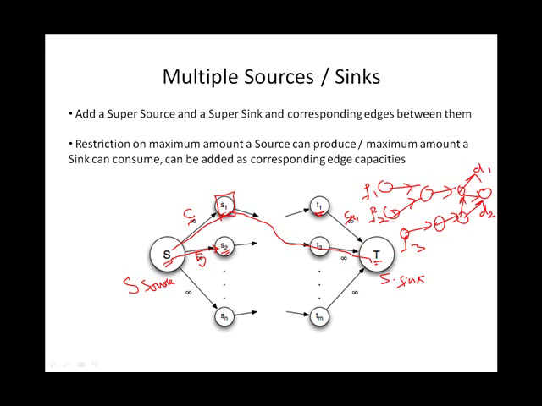So even if you have multiple sources and multiple sinks, and a restriction on the number of goods produced and consumed at each factory and distribution center, we can capture all these details by adding a super source and a super sink, and accordingly adjusting the capacities of the new edges we added. So we still solve the standard MaxFlow problem by transforming the given network.